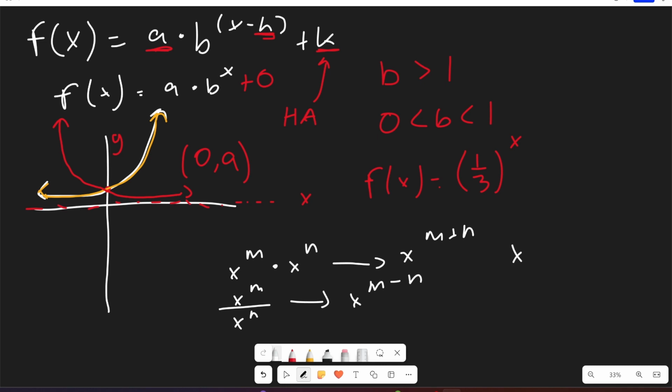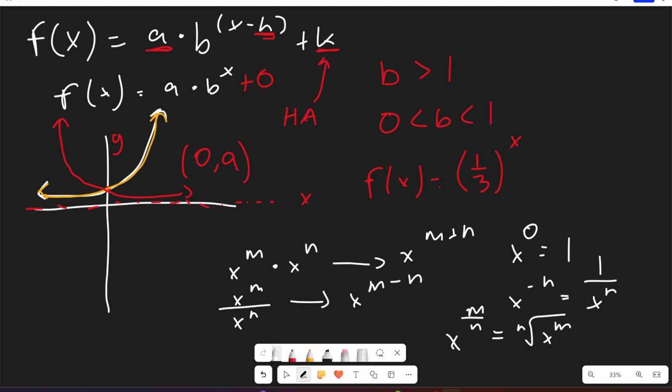Obviously x to the power of 0 is always equal to 1 when x is not equal to 0. And x to the power of negative n is equal to 1 over x to the n. Lastly, x to the power of m over n will simply be equal to the nth root of x to the m.